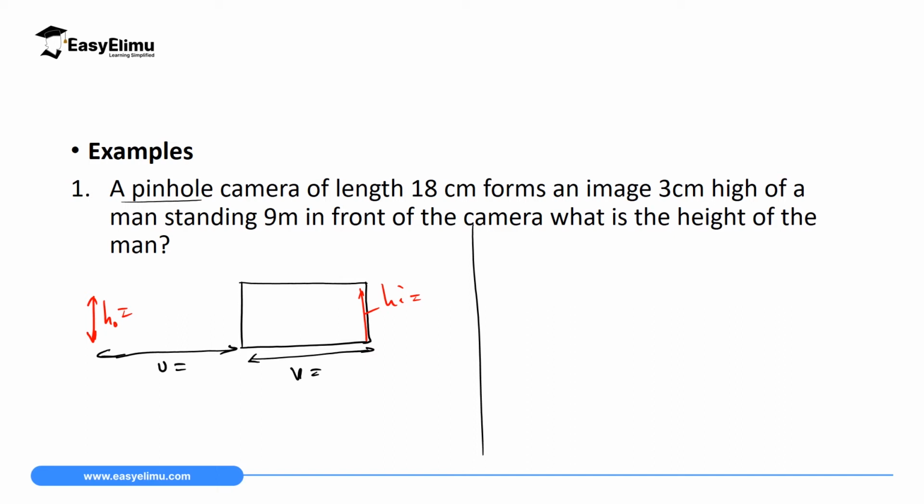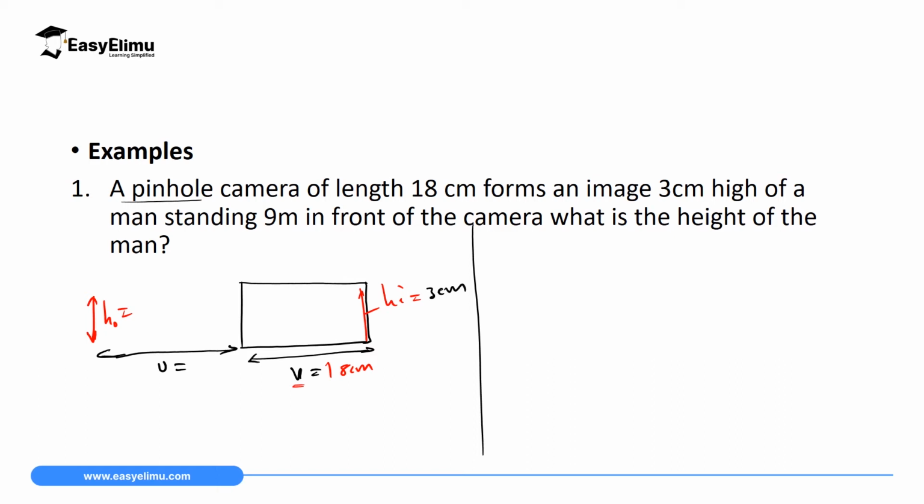Now you start identifying. The length of the pinhole camera is the same as V, 18 centimeter. Then it forms an image of height, the image height, which is HI, 3 centimeter.